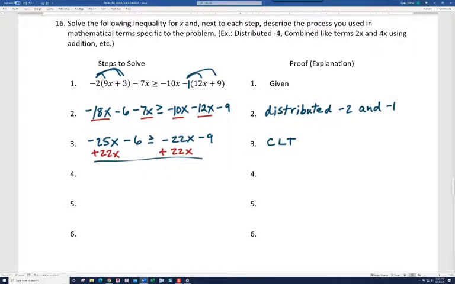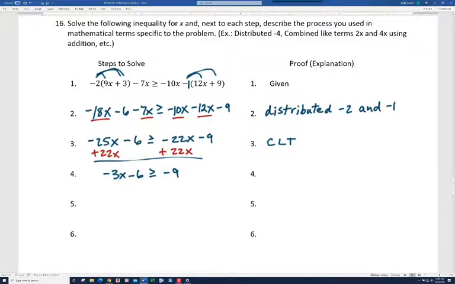I tend to want to keep my x on the left. Negative 25 and 22, we're going to get negative 3x, and also bring down that minus 6. And on the right side, the minus 22x and a plus 22x add up to 0, and you're left with the minus 9.